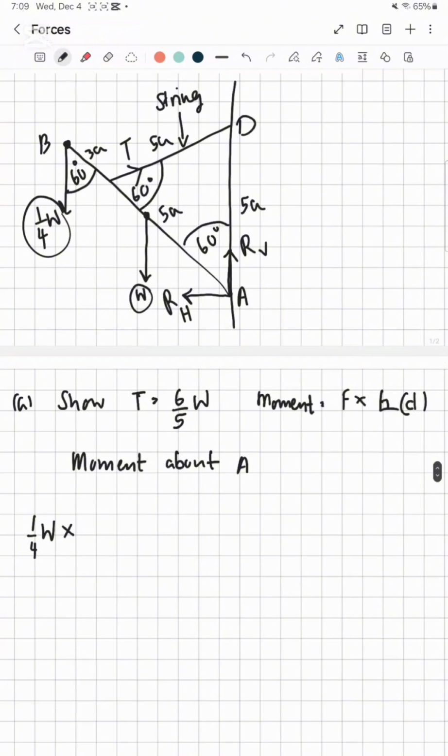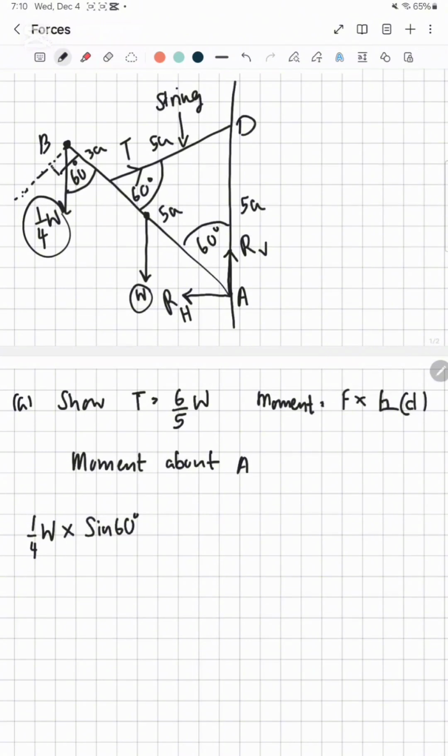So then you can write 1 over 4 W sine 60. I'm resolving it this way, so the distance I take is going to be perpendicular, right?